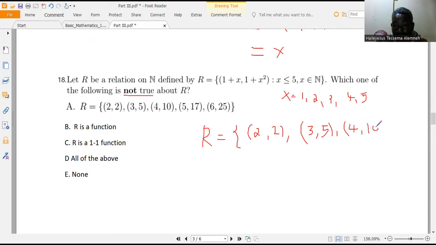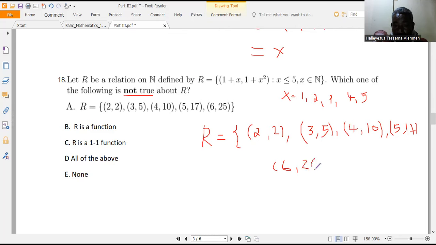When x is equal to 4, 1 plus 4 is 5, and 16 plus 1 is 17. And the last element, when x is equal to 5, is 6, and 25 plus 1 is 26.